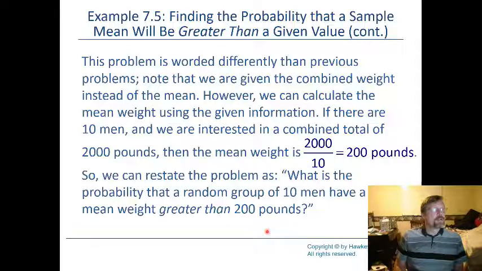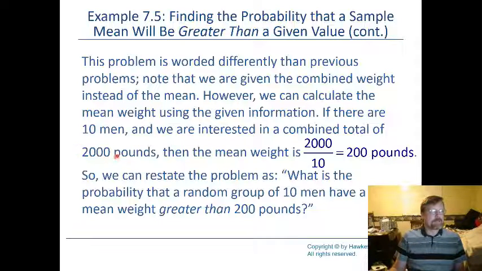Okay, so we've got a kind of tricky wording here. We've got 10 men, and we want a combined total of 2,000 pounds. But what we need is the average weight of those 10 men.